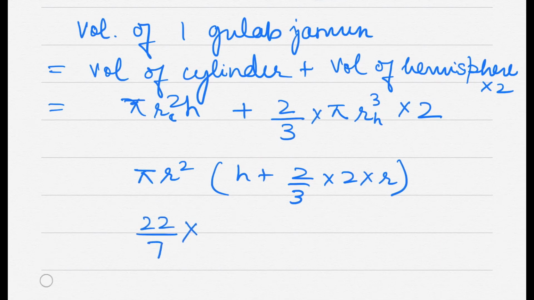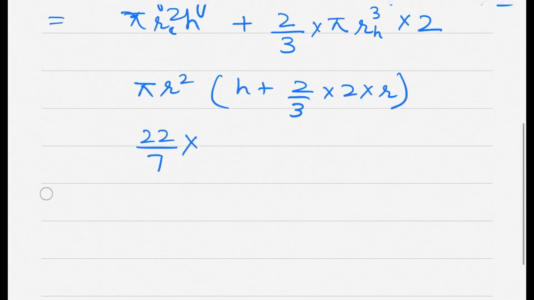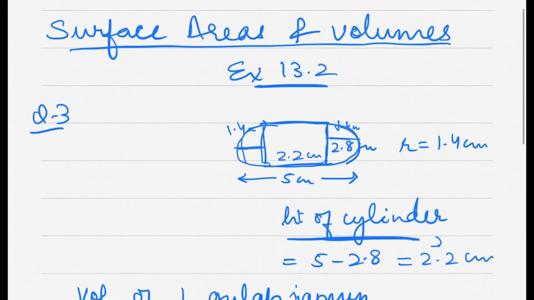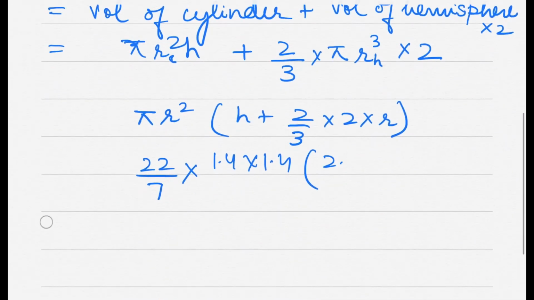So pi I will substitute 22 by 7. Radius was 1.4, so I can write down 1.4 into 1.4. Then height of cylinder, right, 2.2. So this is equal to 2.2 plus 4 by 3 into radius is 1.4.